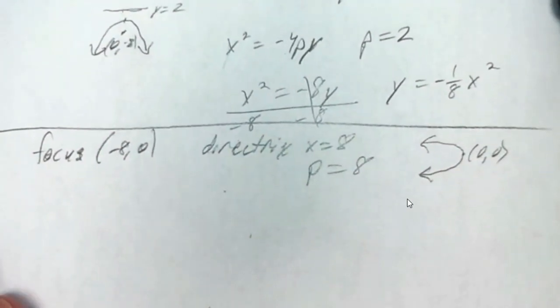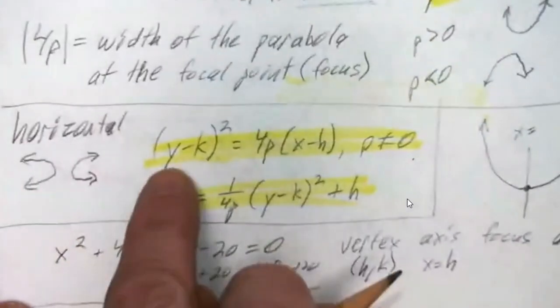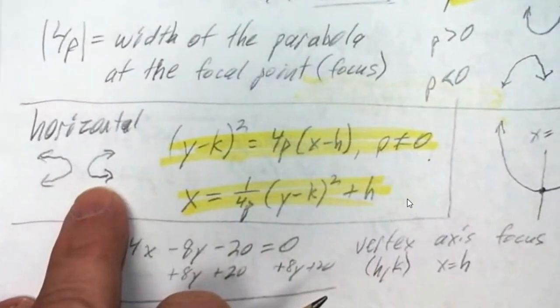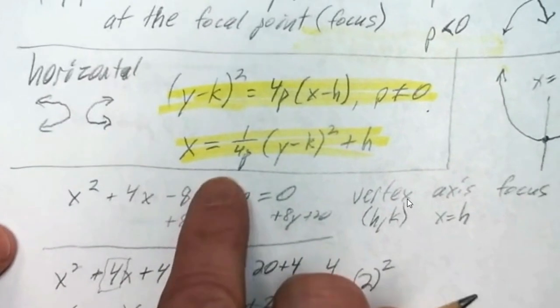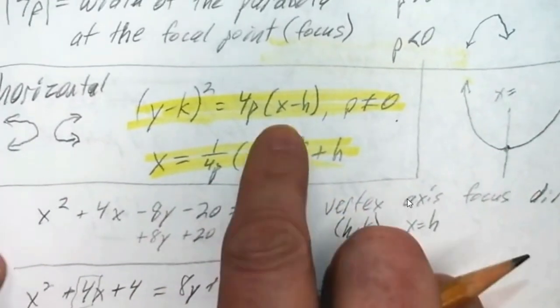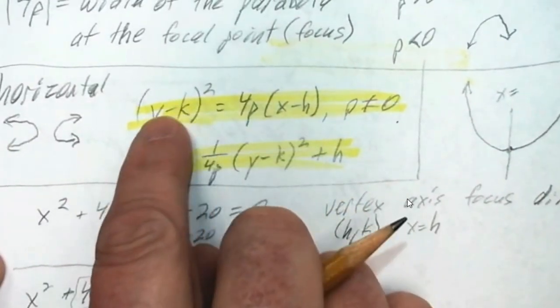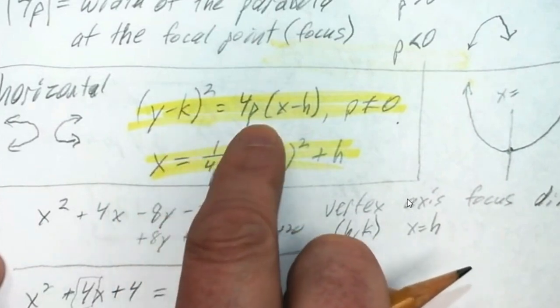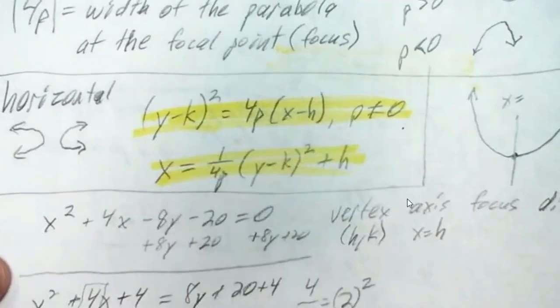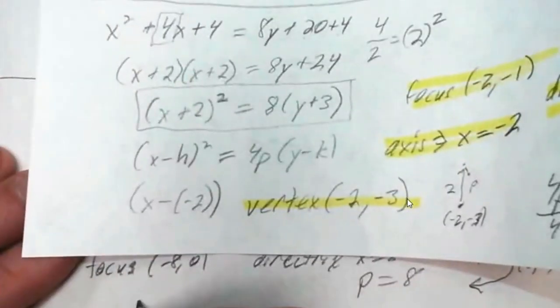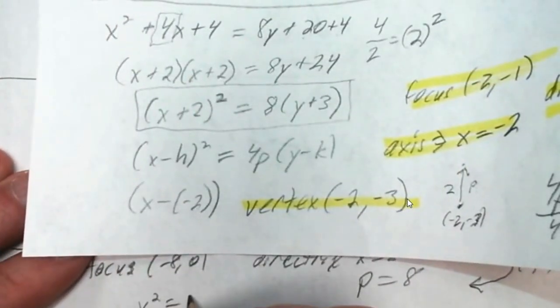Since it's left facing, let's see, we need our notes for that. So this is a horizontal parabola. When there is no h, no k, we're looking at just y squared equals 4px when h and k are 0, right? So we're looking at the standard y squared equals 4px.